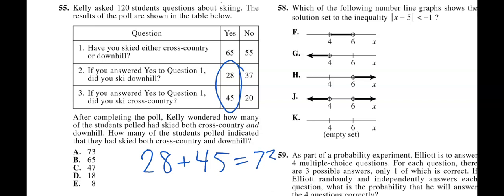Okay, so what's 28 plus 45? 73, right? Okay. How come that doesn't equal 65? Because some people did both, didn't they?